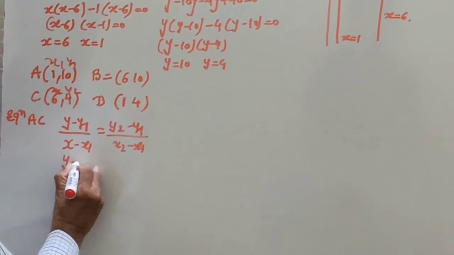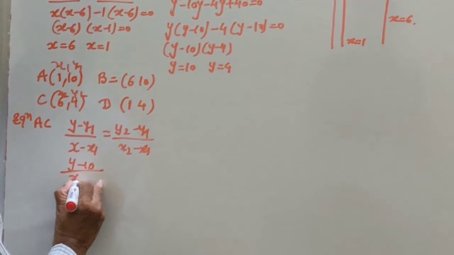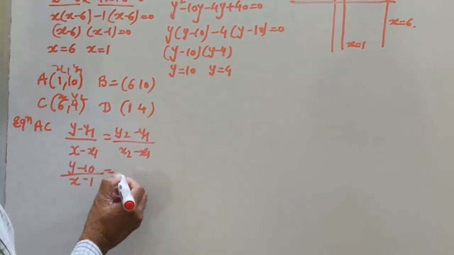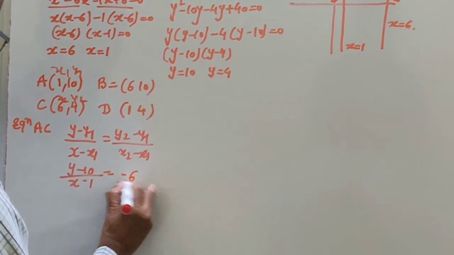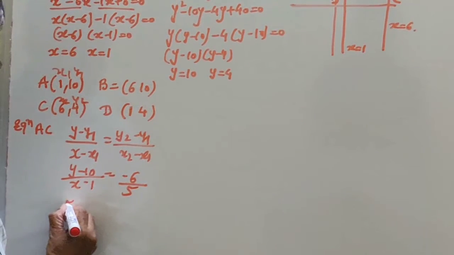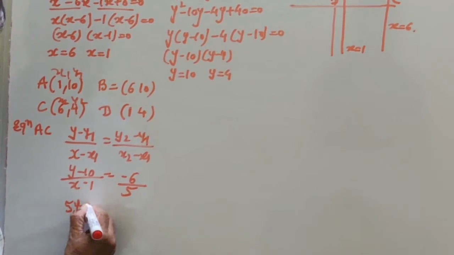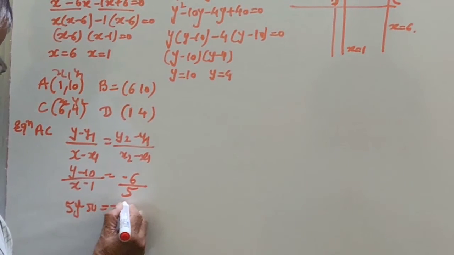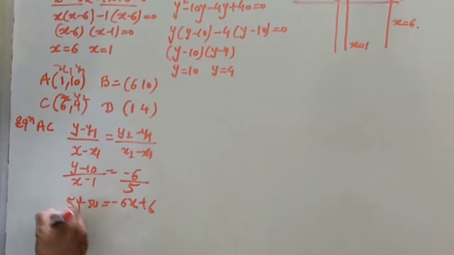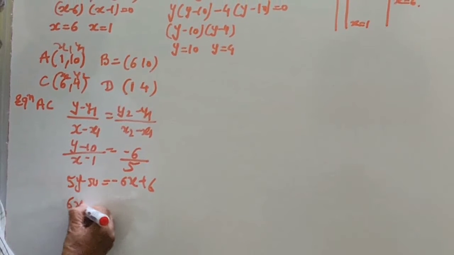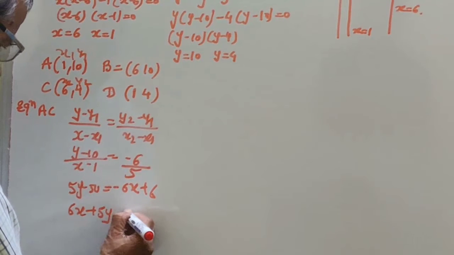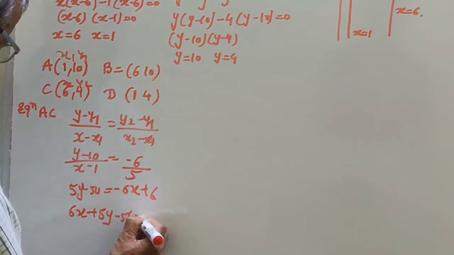Y minus 10 upon x minus 1 is equal to 4 minus 10, which is minus 6, upon 6 minus 1, which is 5. Now I will cross multiply. I get 5y minus 50 is equal to minus 6x plus 6. Now I transfer, so I am getting 6x plus 5y minus 56, which is the required answer.